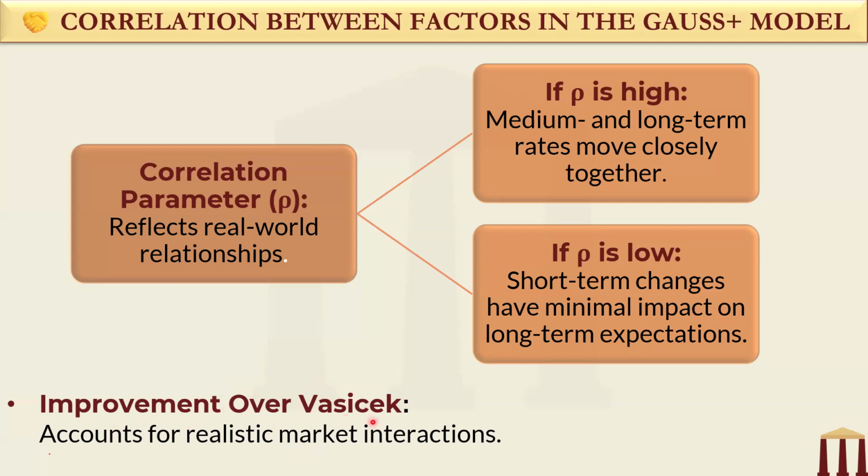So it's an improvement over Vasicek. Because the Vasicek model was assuming a perfect correlation across all maturities, a single formula, right? So if you have one of the rates, you have a predetermined relationship with the other rate also. That is what the assumption of Vasicek was, but that is not the case. And Gauss plus captures these interactions quite nicely, quite efficiently.